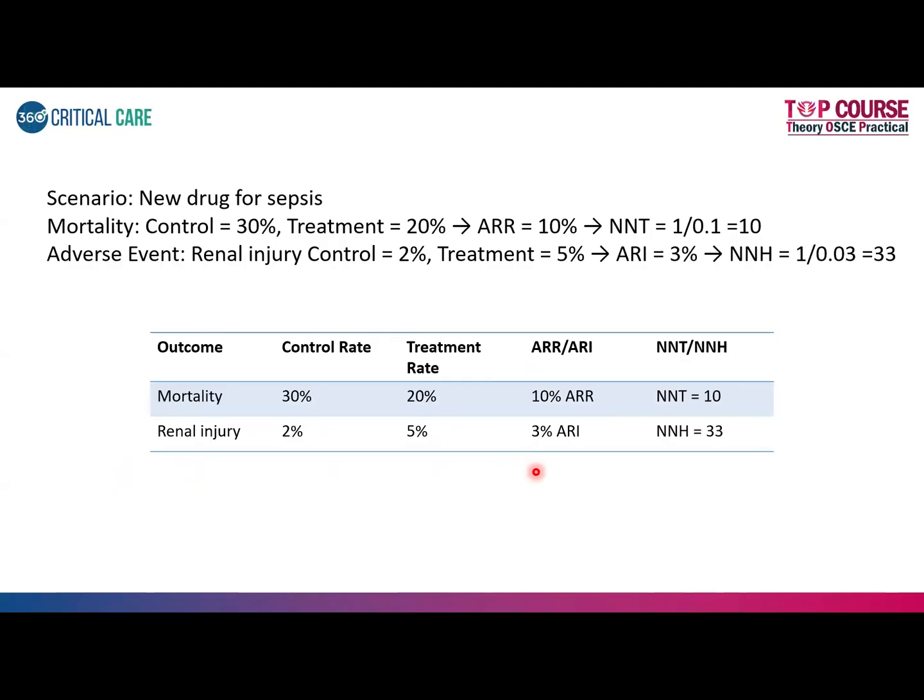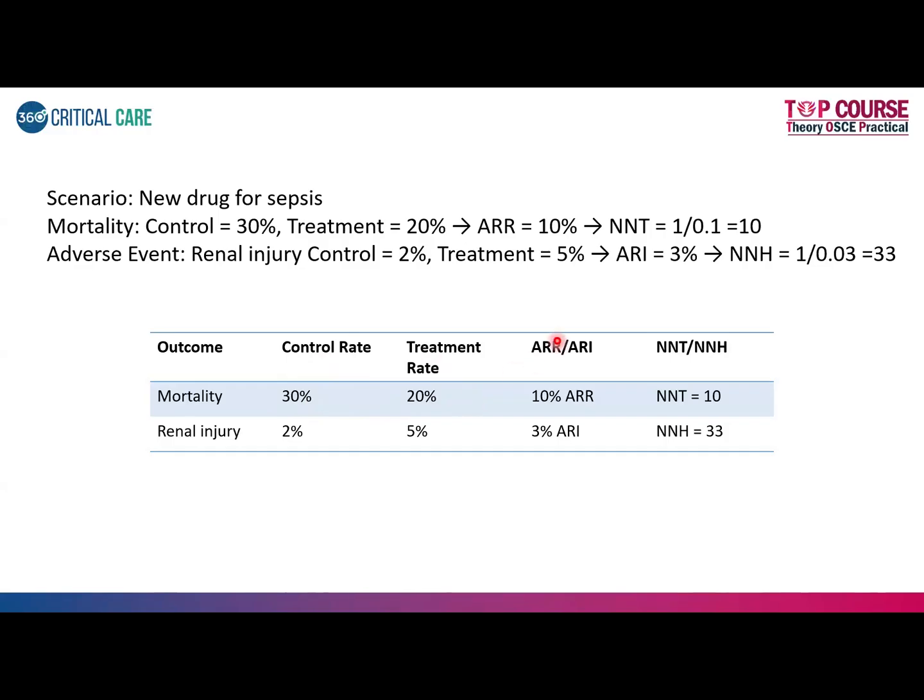Example: there is a new drug that has come for sepsis. We will be seeing the number needed to treat and the number needed to harm. It was found that in the control group, the mortality was around 30%, but after giving the drug, the treatment group mortality came down to 10%.